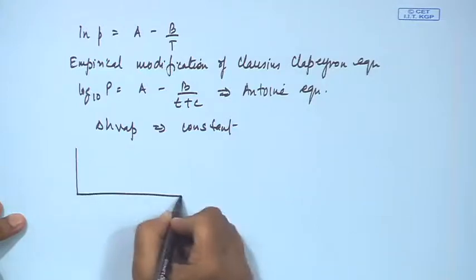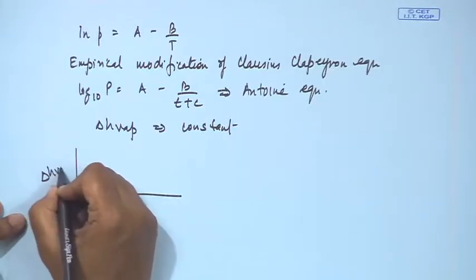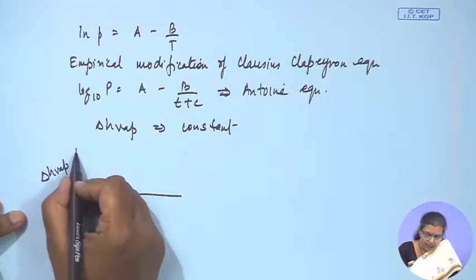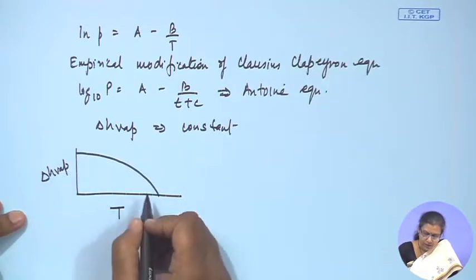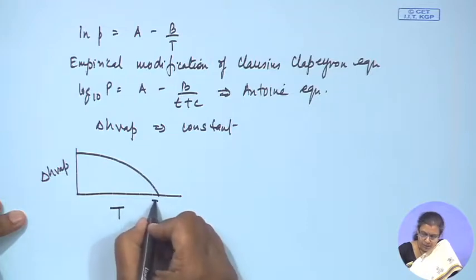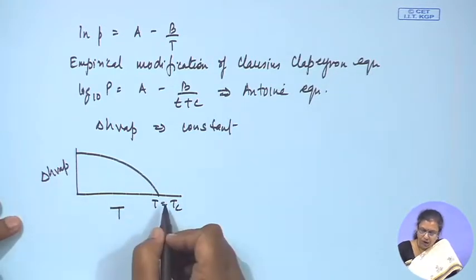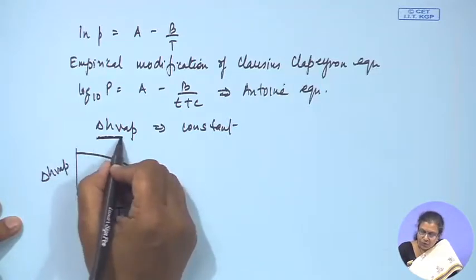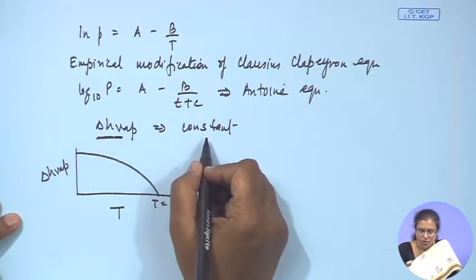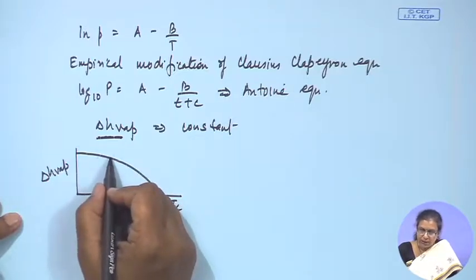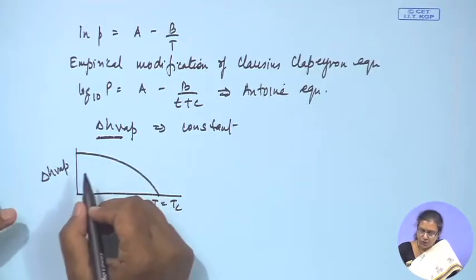So, based on this, if we plot delta H vaporization versus temperature, we find that the curve is something of this sort, where delta H vaporization becomes 0 at T equals Tc. So, from here it is quite evident that delta H vaporization is in no way constant, unless we assume the two temperatures T1 and T2 over which the phase transition takes place are very close to one another.